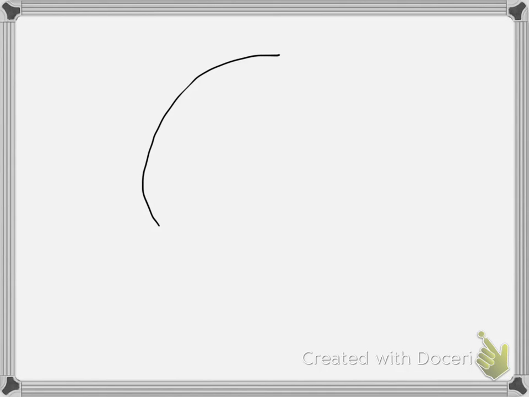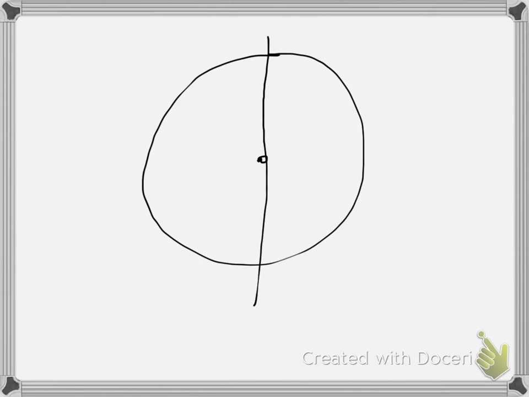So what we can think about is if I have a circle and I have an origin here, and I can even draw some axes through here. So here's my x-axis, here's my y-axis, and my origin is right here in the middle. And let's say that my object is sitting right here.